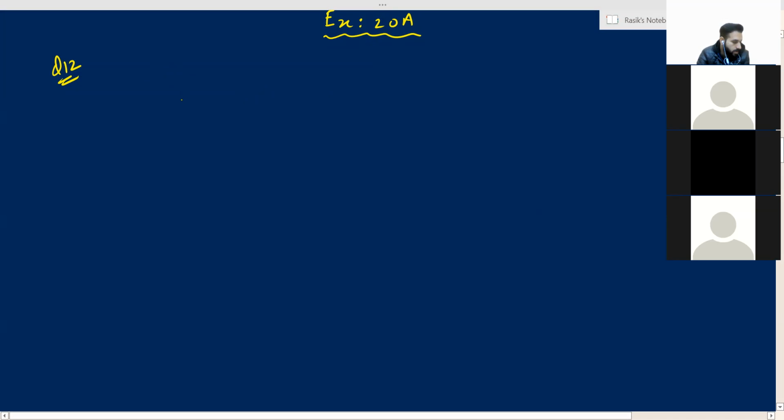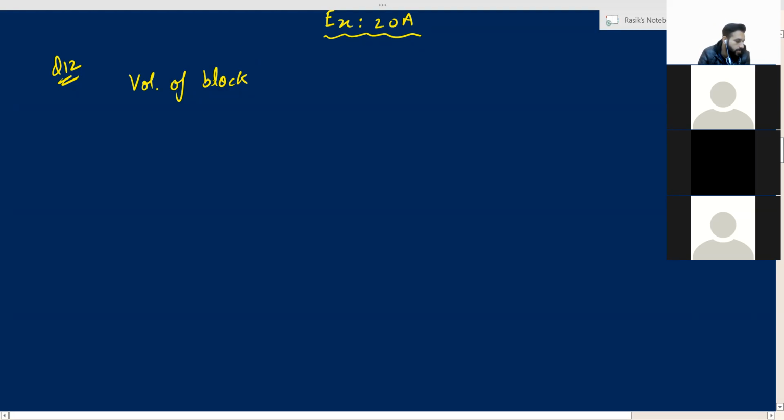So we know there is a block of gold. The volume of the block of gold is given. Block means kind of a cube, not cube exactly. It could be cuboid also. Cube or cuboid, anything.